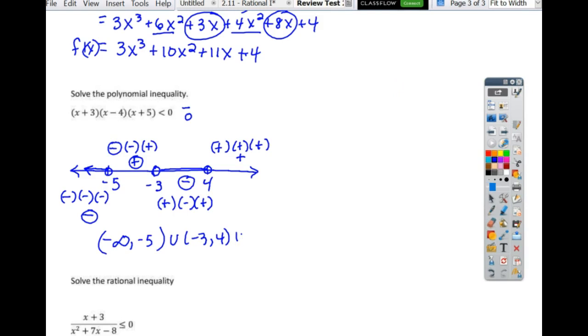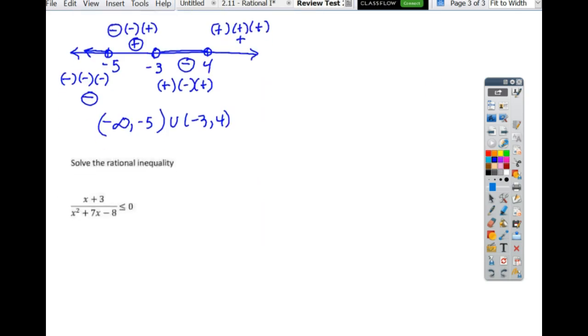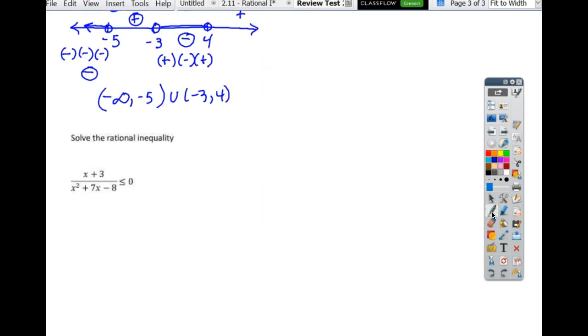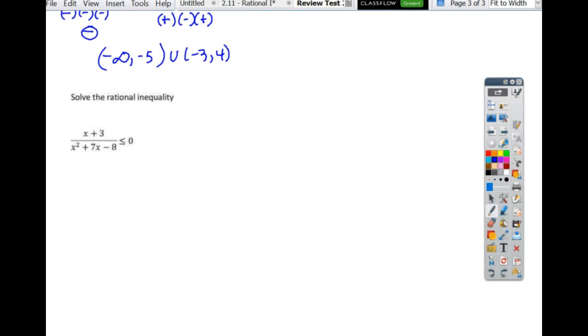The last one we're going to work on is the rational inequality. So the first thing you have to do is you have to factor the denominator. So if it's negative 8 and 7, it's going to be 8 and negative 1. So I have x plus 3.